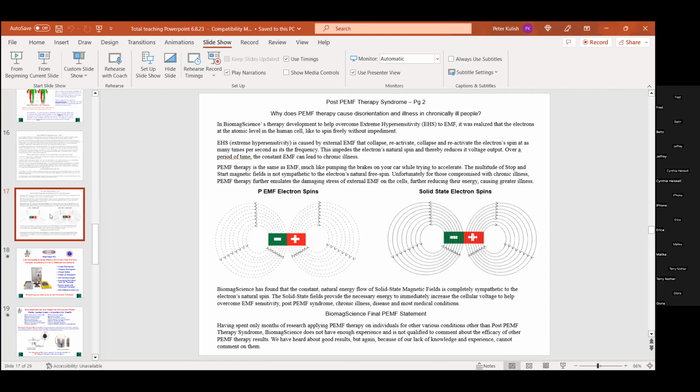So the problem, of course, is that again, the free spin of the electron, making up the atoms, the electron spin is responsible for the voltage. And as you apply the magnetic field, if it's a solid state or a static field, you're consistently helping it to accelerate.